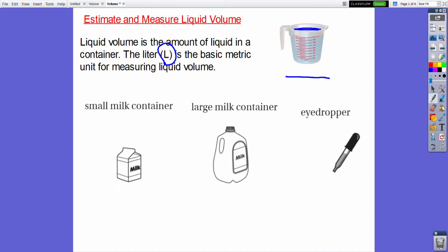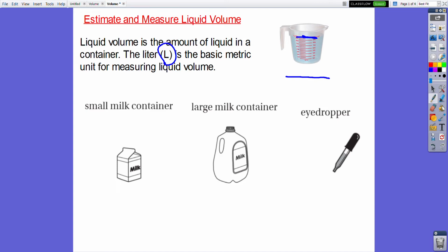If I fill this beaker with water until this mark, it means I fill it with 1 liter. Less than that, I will say less than 1 liter. If I fill more than that, I will say more than 1 liter.